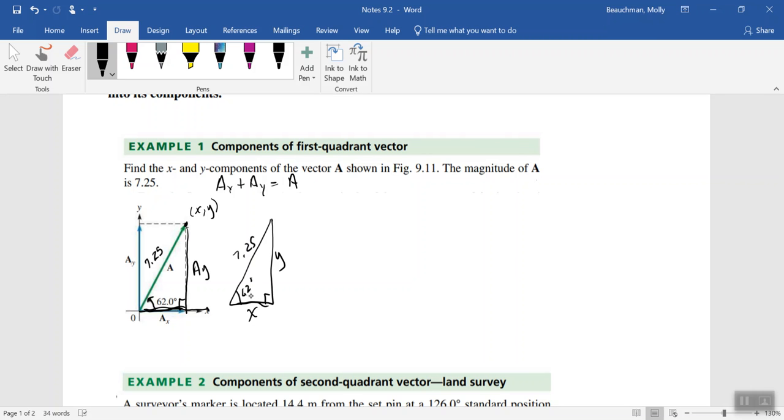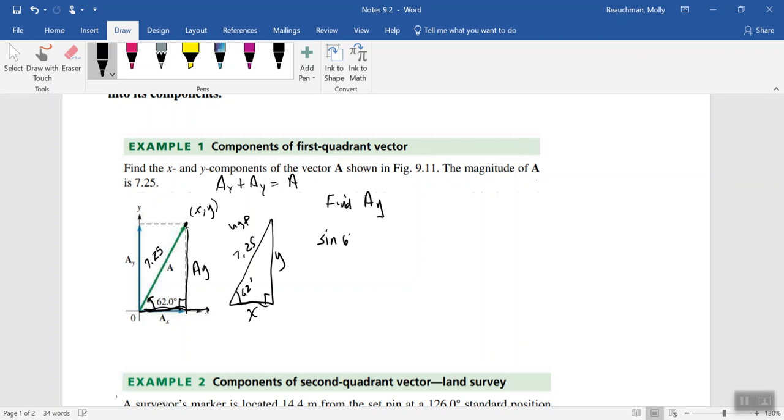In relation to 62, if we want to find the y component, y is opposite, and we are given the hypotenuse. So the trig function that uses opposite and hypotenuse is sine.